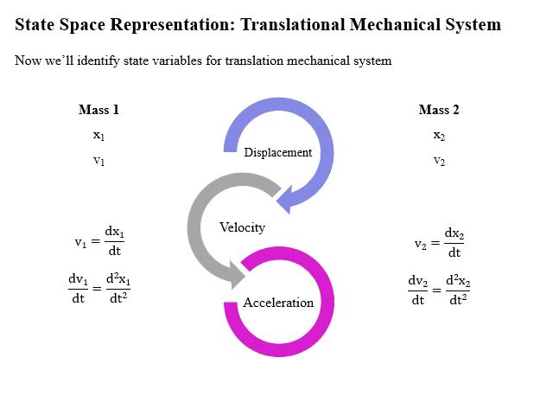For these state variables, we will analyze the system. As the system consists of two masses, M1 and M2, and both masses are moving in the given direction of motion. M1 is moving in the direction of x1, where M2 is moving in the direction of x2.